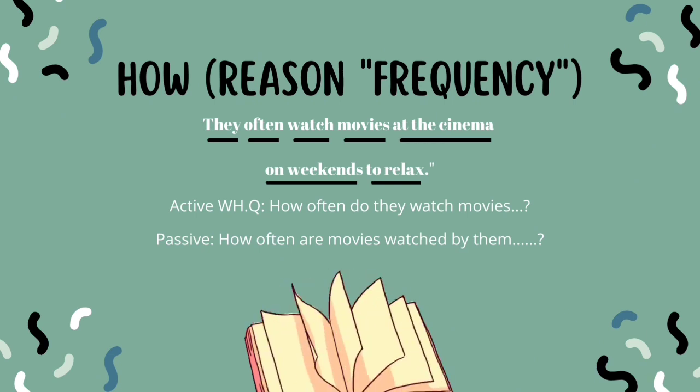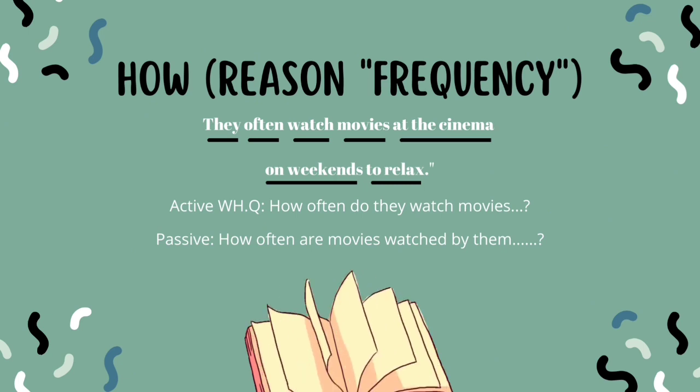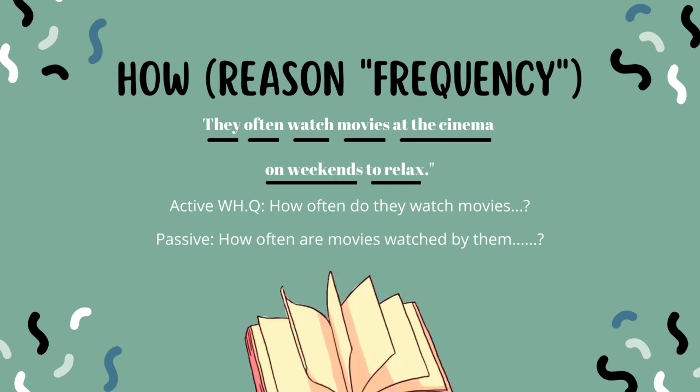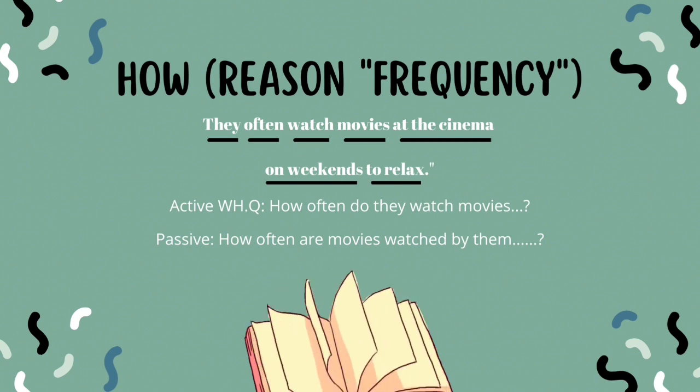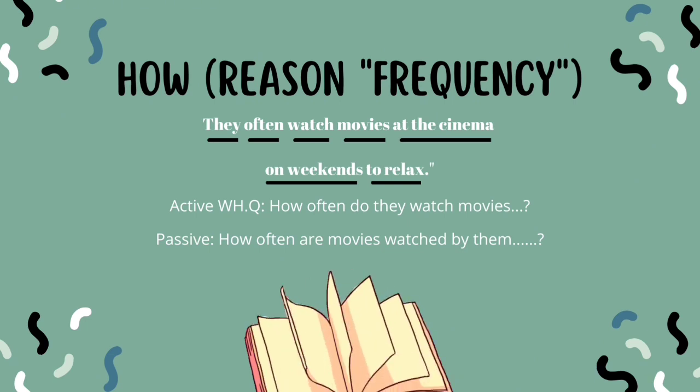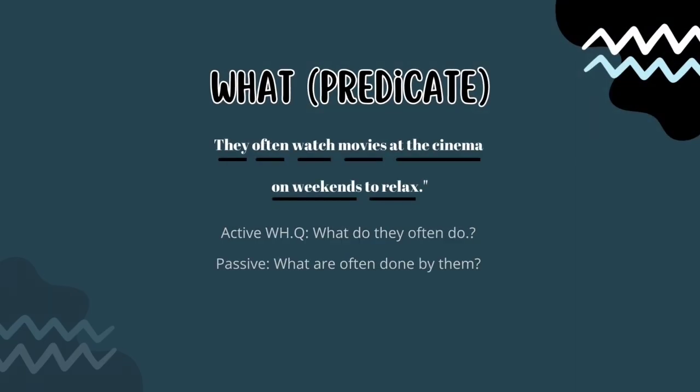How to make this sentence into passive voice in a what-how question is the same. So we first change the sentence into an active what-how question: how often do they watch movies? And then we change into passive voice: how often are movies watched by them?